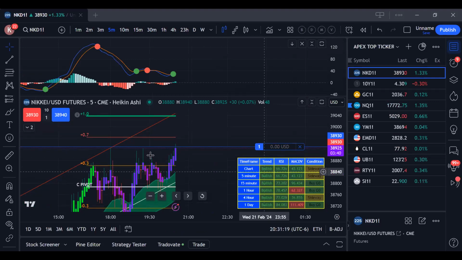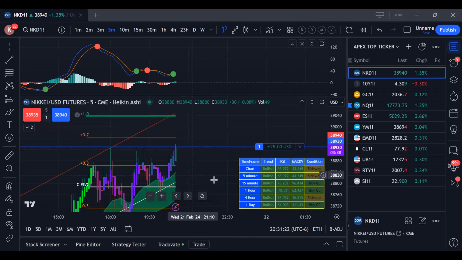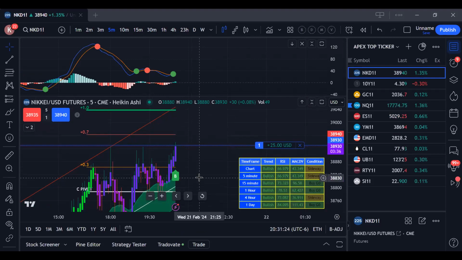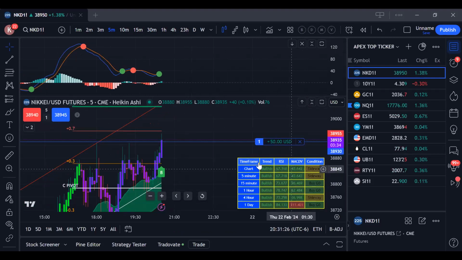So now I took a long position on NKD. Right. It already made $75.